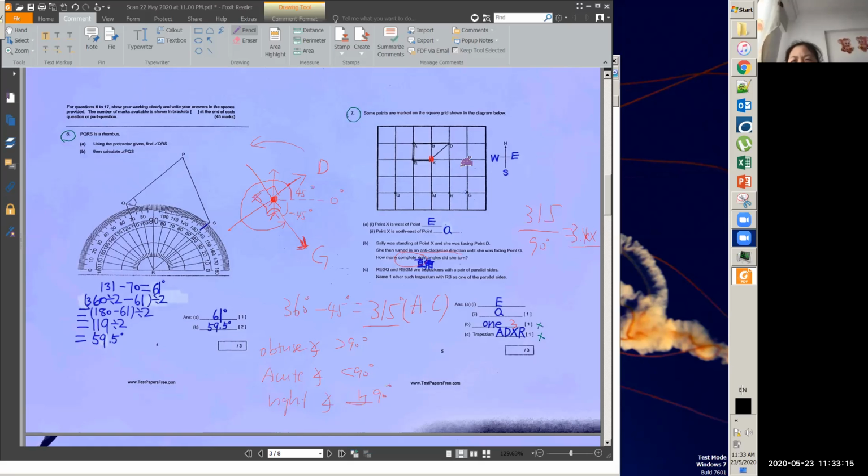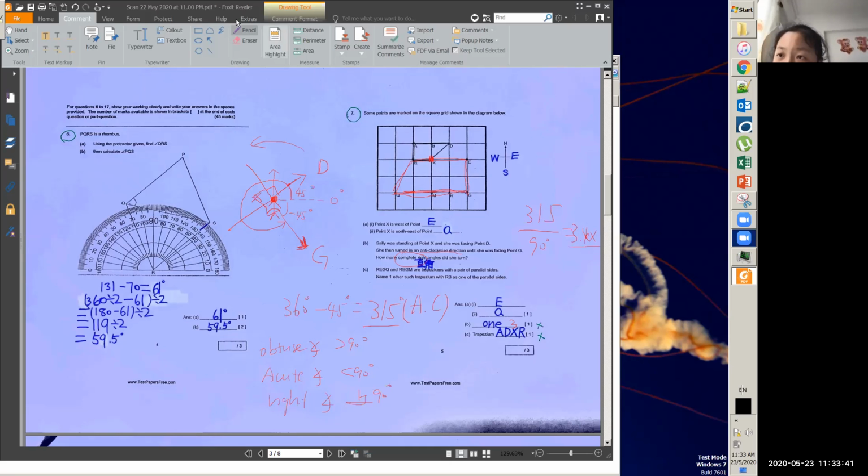Now it says REGQ. Where's REGQ? Okay, I need to link it up. REGQ, so let me link it up here. So it's a trapezium. And what do you have? REGM, which is here.